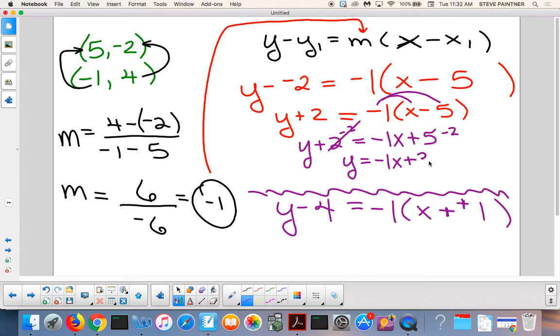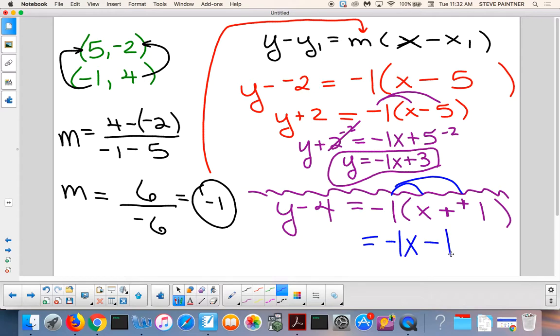Now, guess what? That's the answer using that point, 5, -2. But are you going to get something different when you use the different point? You should not. Let's try it. Ready? Here we go. What's this? And this. -1x, -1x what? -1.